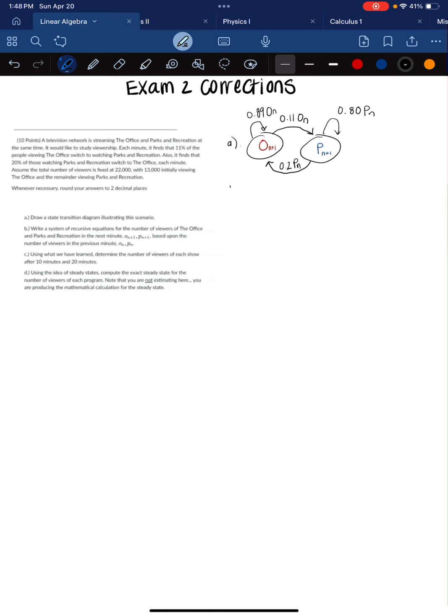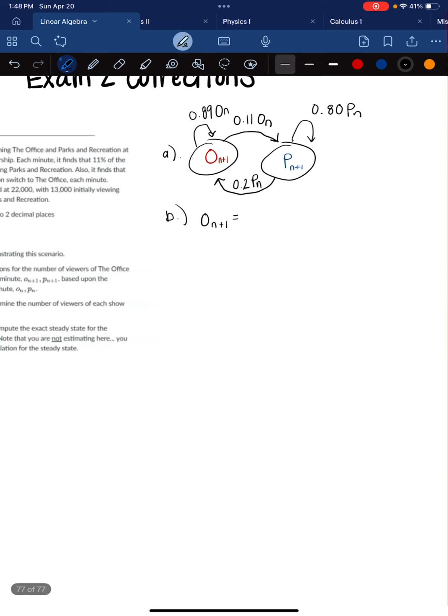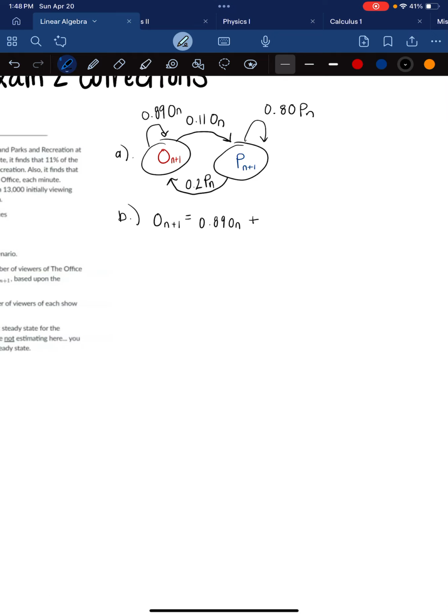For part B, our system of equations is going to start with The Office at n plus 1 is equal to, and what makes up The Office? Well, we know that 0.89 of viewers are still going to be watching The Office after some time has passed, and every minute 20% of Parks and Rec watchers switch to The Office.